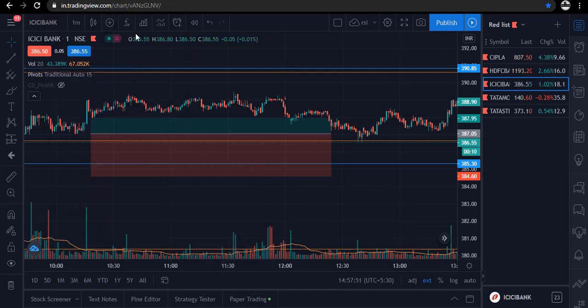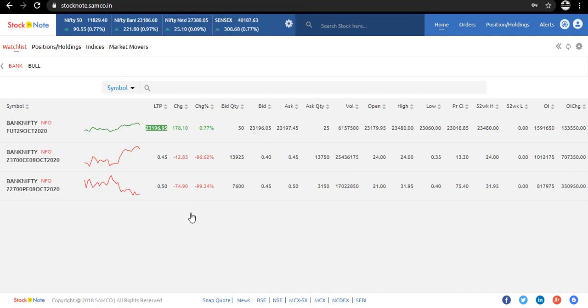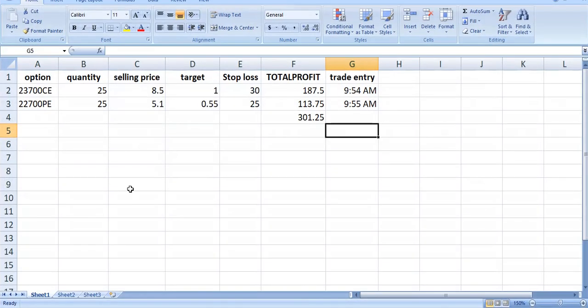Now let us come to our trade for Bank Nifty option selling. So here you can see traders, the 23,700 call is trading at 0.50, and the 22,700 put is at 0.50. So you can see that our target has been hit. Let us come to our Excel sheet which we prepared for our paper trading practice.